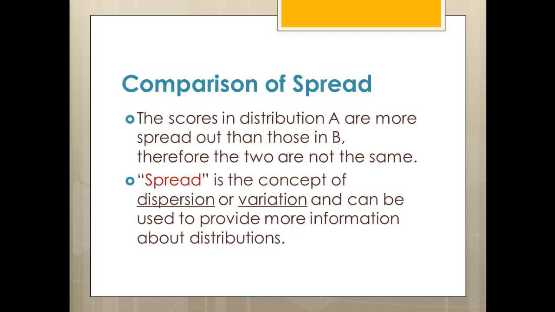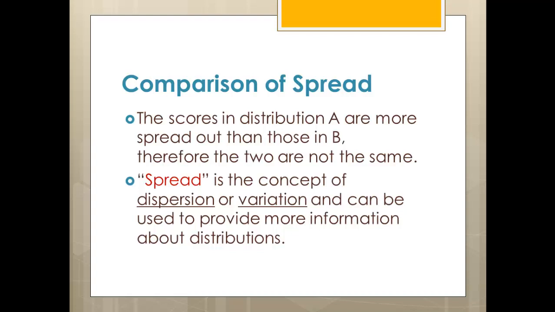Because their spread is different, or because their clustering is different, they have different dispersion or variation. And so typically we're more confident about our summary measures of central tendency, like the mean and the median, when the points are clustered together more tightly and less spread out.